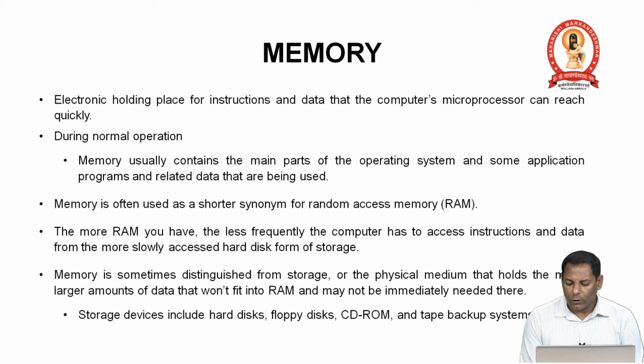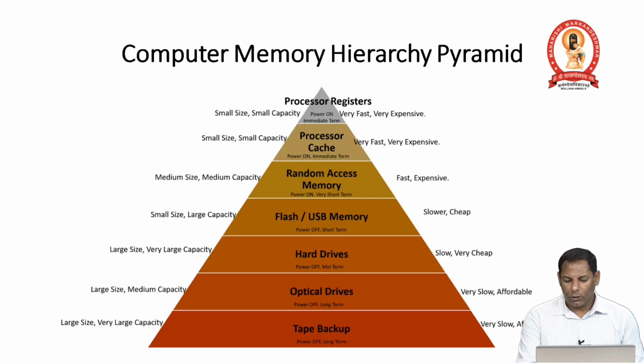The storage devices, including hard disk, floppy, CD-ROM and tape, are used for backup, and the term auxiliary storage is used for this backup. Most computers have a memory hierarchy with a small amount of very fast memory and a large amount of very slow memory. And we have to manage the memory.